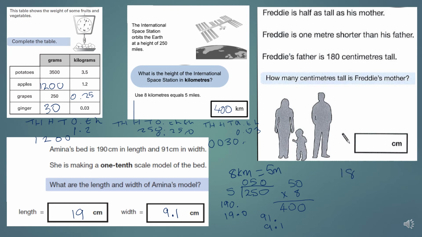Okay, so if we look at Freddie's dad, 180, and 1 metre is 100 centimetres. We subtract that from there, gives us 80. And Freddie is half as tall as his mother, so we need to double this. 2 zeros, 0, 2 8s. So Freddie's mother is 160 centimetres.